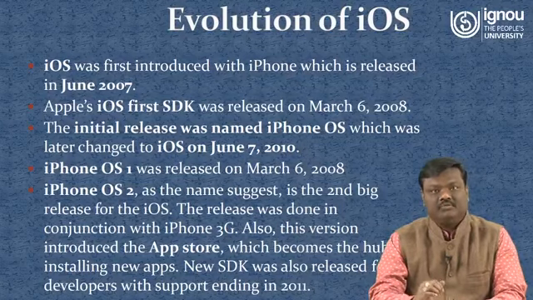The initial release, as I told you, was not directly named iOS, however, it was called iPhone OS, which was later changed to iOS in 2010. From 2010 onwards, we are calling all the later versions iOS versions.